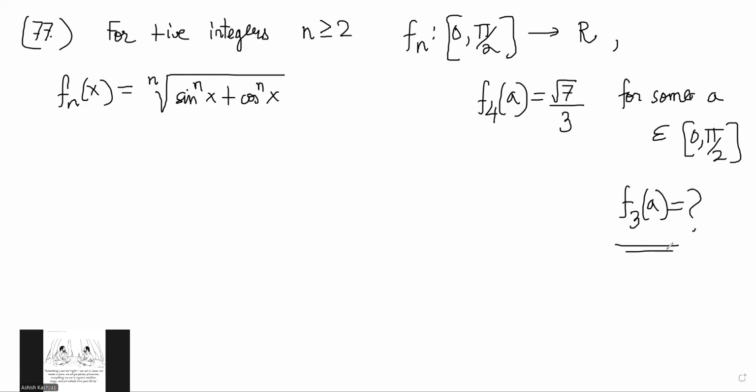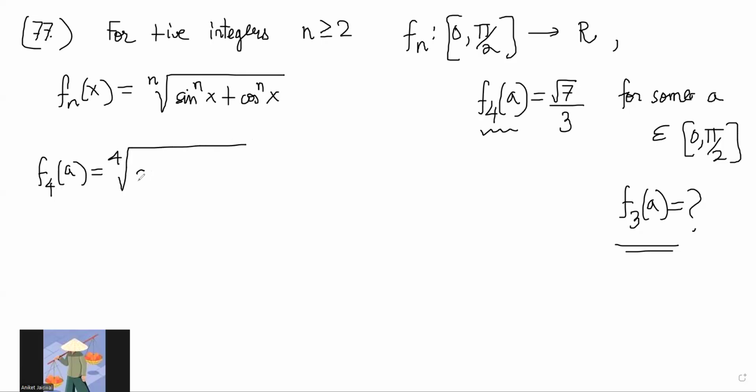Okay. So basically, one particular value of the function has been given, right? So let's just write f4a. f4a would be what? Instead of n, we will put 4: sine power 4a plus cos power 4a.